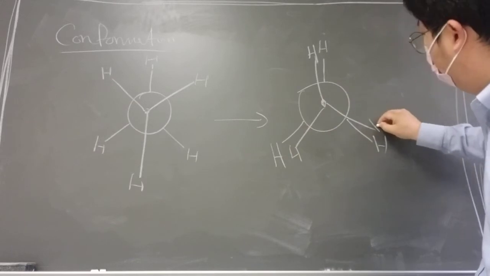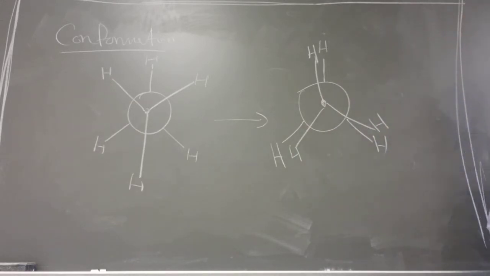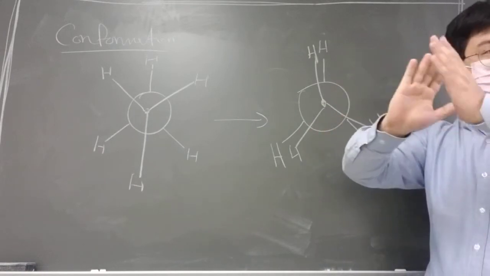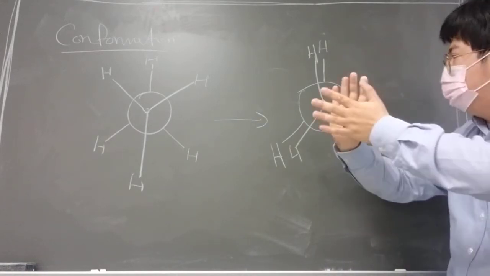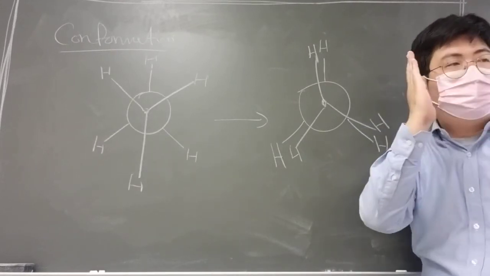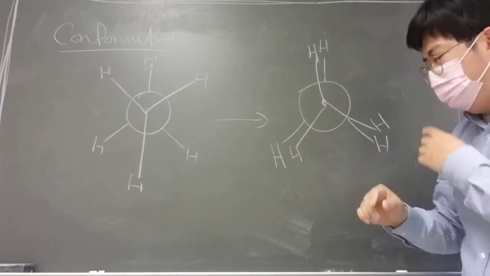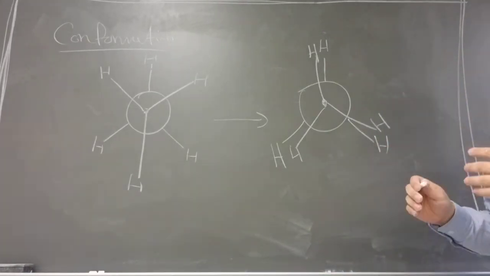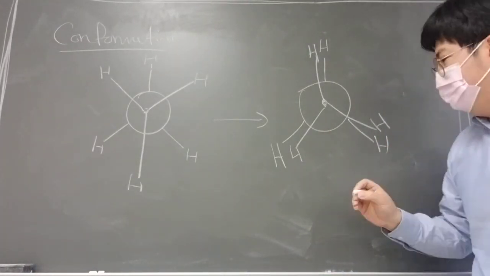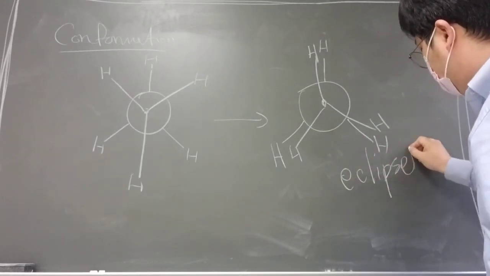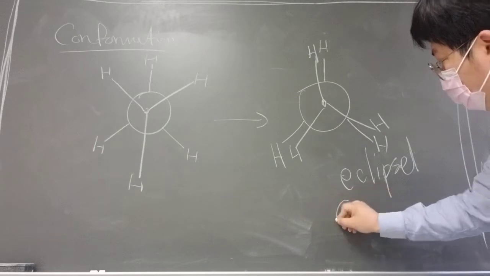If you rotate it, either the back or front carbon, they're going to somehow overlap on one side and one face. That's what we call eclipse. Have you seen an eclipse before? Okay. So it's the eclipsed conformation.